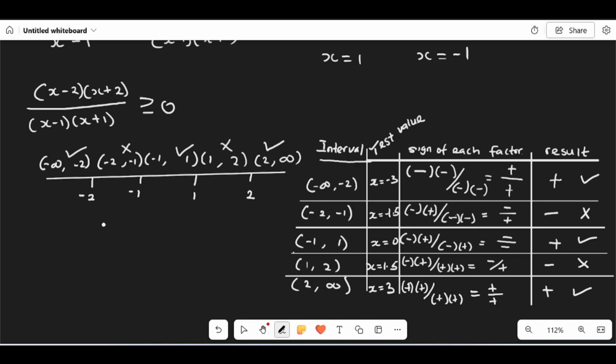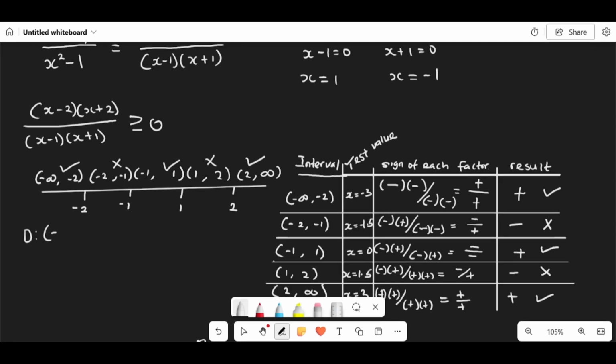So our domain is negative infinity to minus 2, square bracket, union negative 1 to 1, union square bracket 2 to infinity.